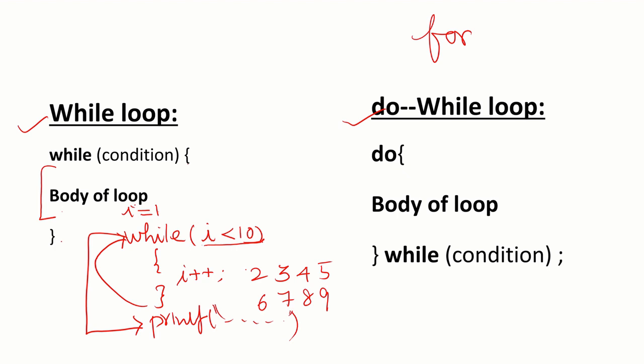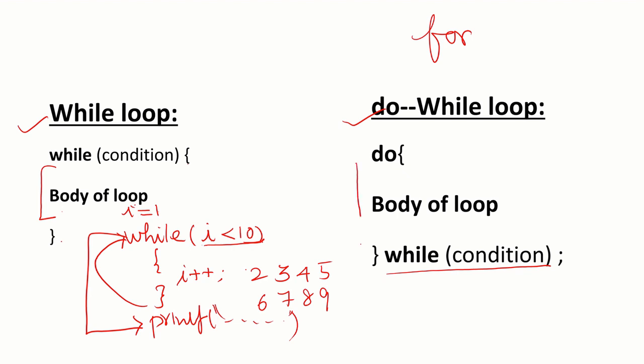This is the while loop. The same while loop can be modified with a small correction, or done in a different form. We call it do while. In the while loop, first the condition is checked, and if the condition is true, then the body of the loop will be executed. But in do while, the condition is checked after the body of the loop.